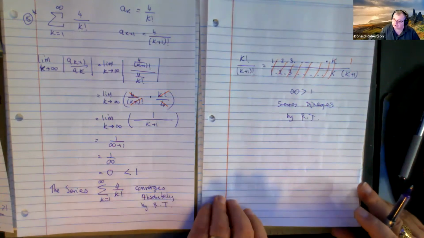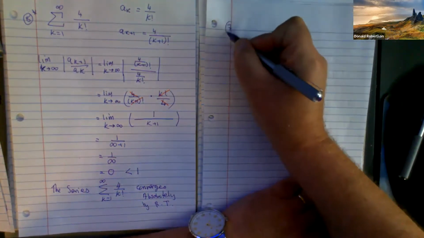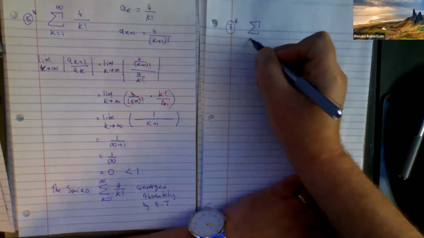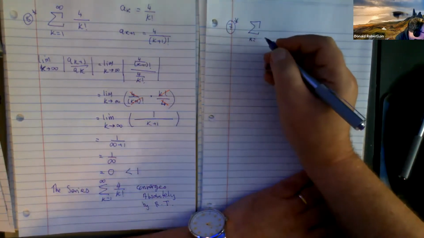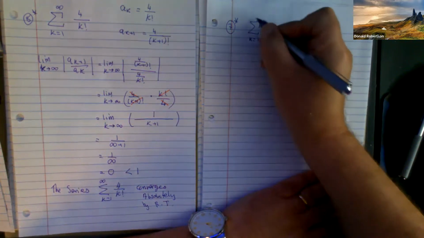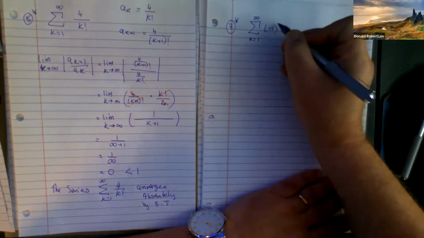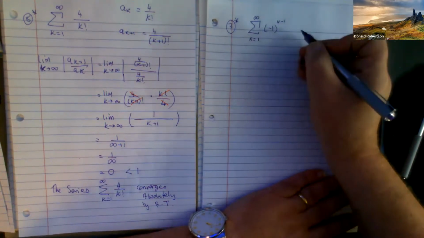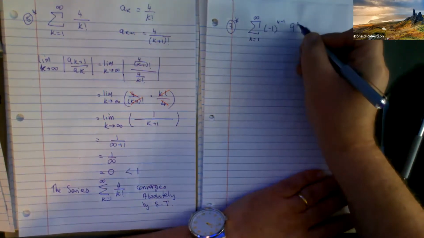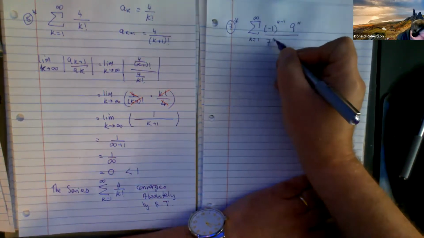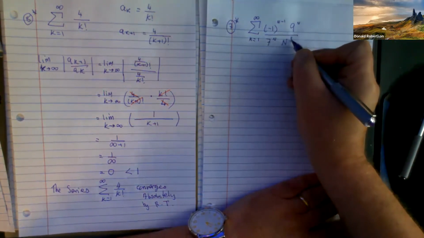Are we good? Right. The next one I'm going to pick is actually a wind back to question 7. I chose this one because it's got pretty much everything in it. It's missing one piece, but that's fine. The next one I do is going to have everything in it. And you get a 9 to the n on the top, on the bottom you've got a 7 to the n, and you've got an n cubed.